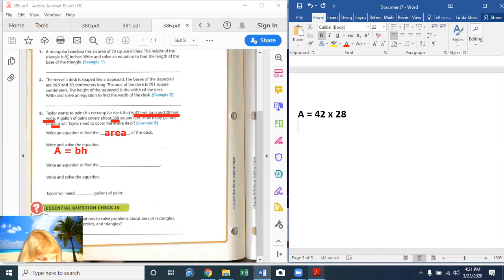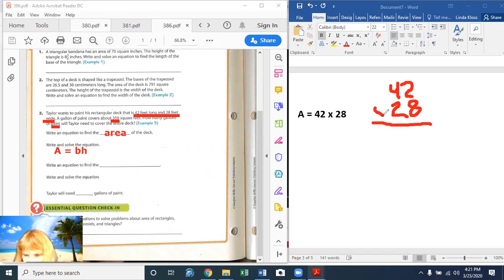If you want to try to beat me ahead and multiply that out, feel free to do that on your paper there while you're waiting for me to come up with the answer. 42 times 28. And 2 times 8 is 16.